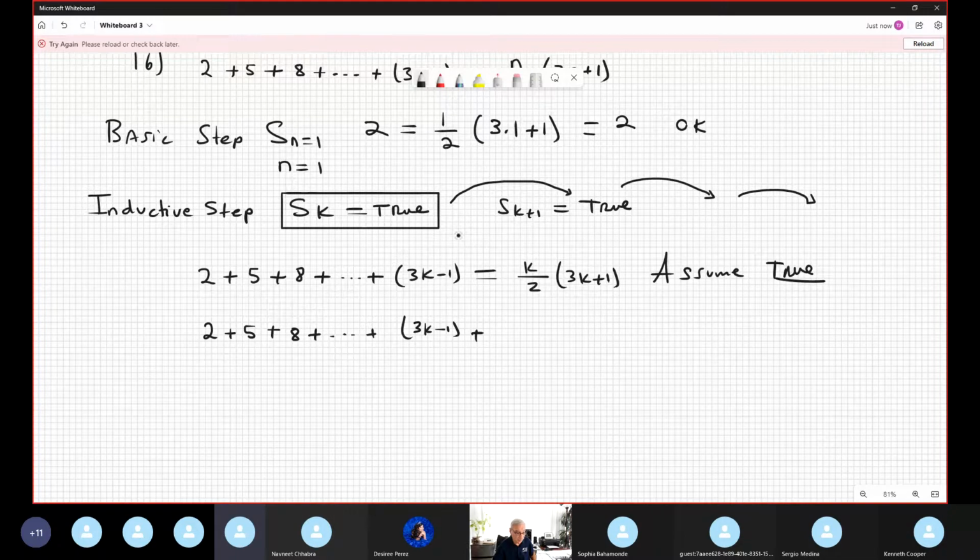The new one is replaced with k plus 1. So, let me try to do the algebra here. 3 times k plus 1 minus 1. So it's 3k plus 3 minus 1, 3k plus 2. This is logical. 3k plus 2.